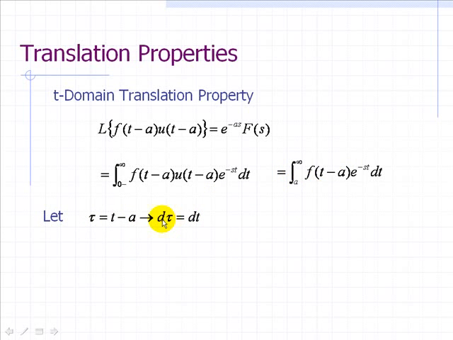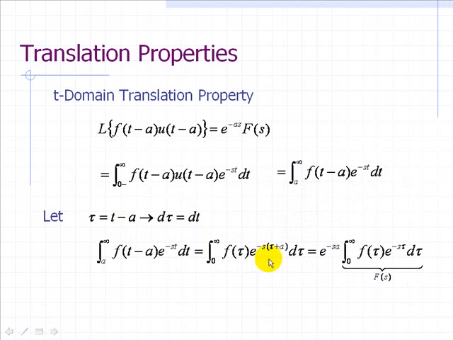So we substitute d tau for dt, tau for t minus a, and replace the t in the exponent of the exponential with tau plus a.